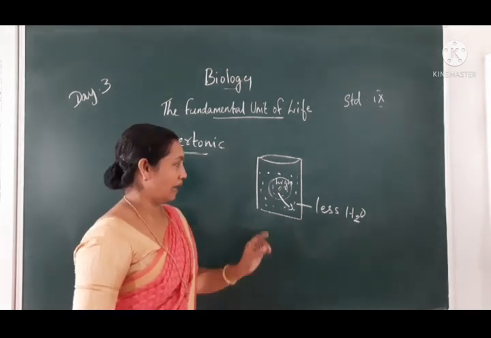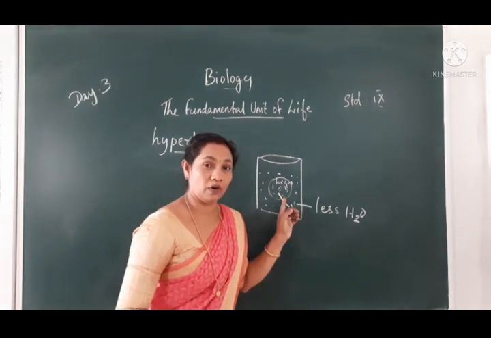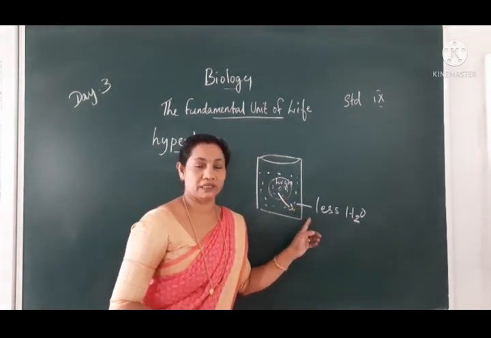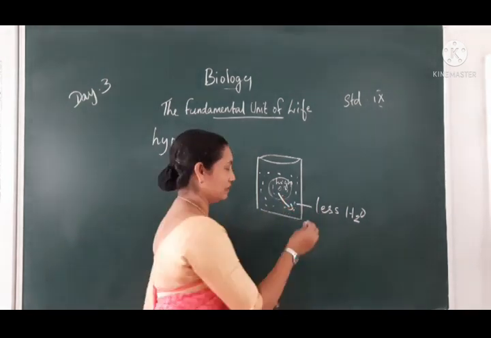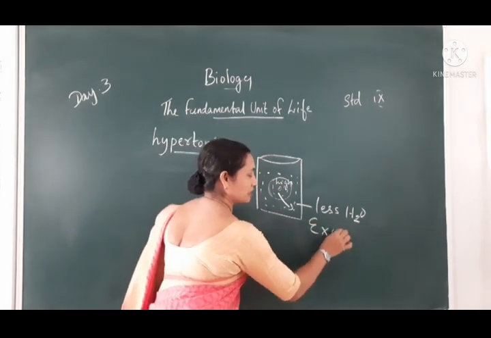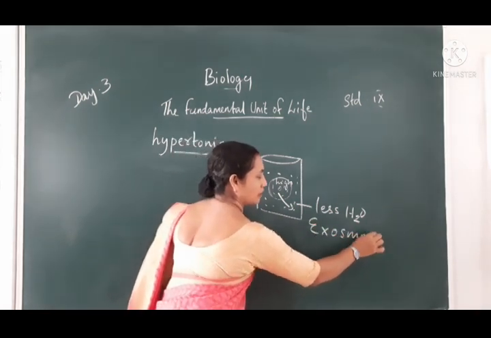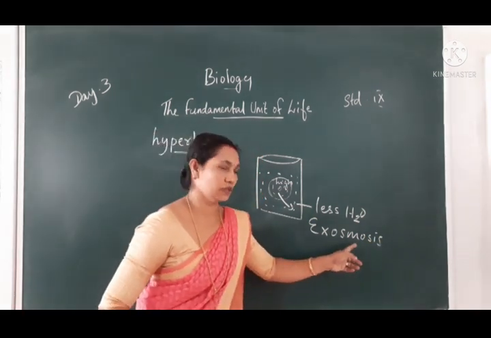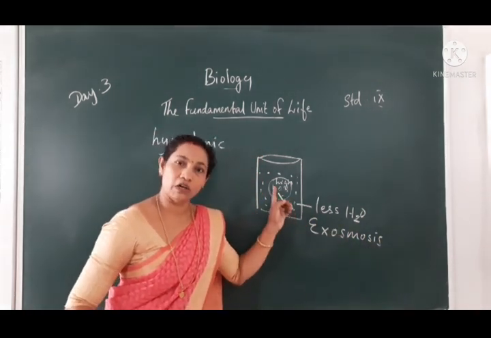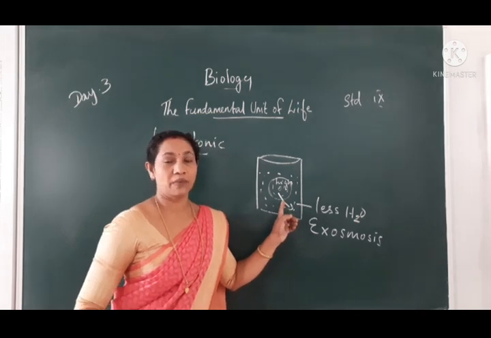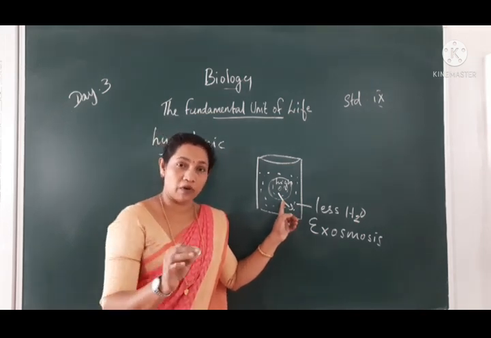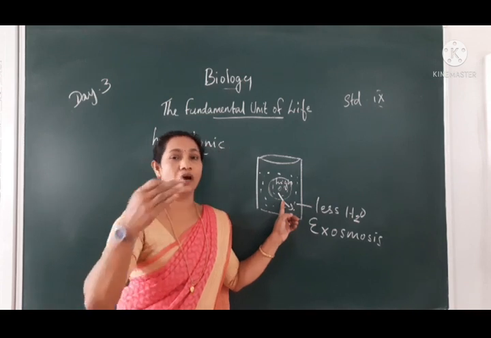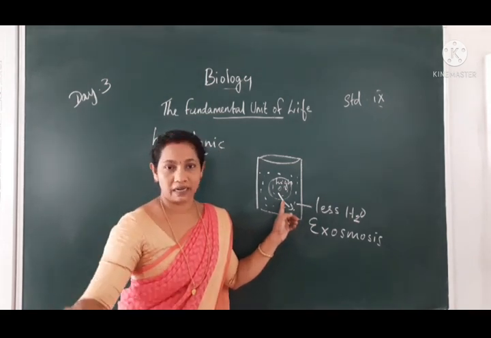Understood that? The movement of water molecules out of the cell is known as exosmosis. Here also the osmosis process occurs, but the movement of water molecules is from cell to outside, the exit of water molecules.